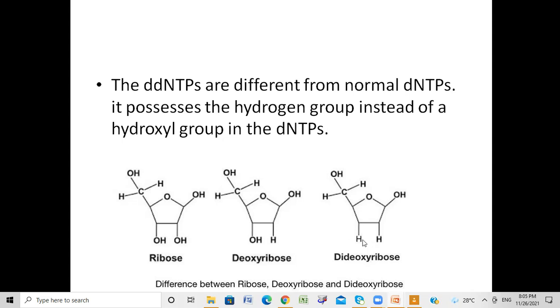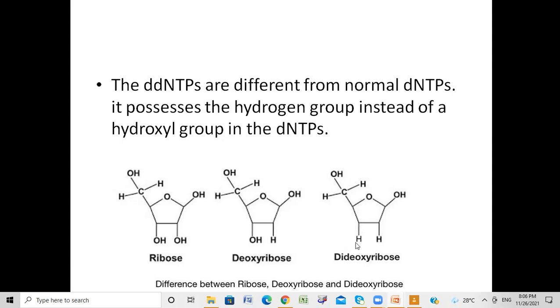But here, when the nucleotide is added to the existing chain, there is no OH group to form the phosphodiester bond, so the chain growth is going to be terminated. The chain will not go further. So that is known as the chain termination method.